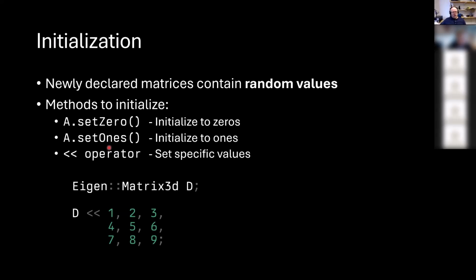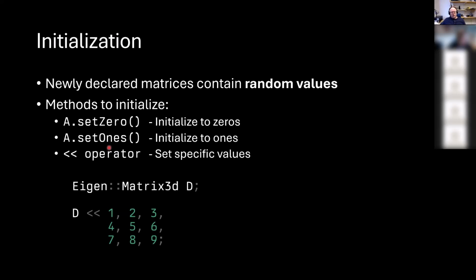setOnes, same thing. If you want to specify specific values, you use the double less-than operator, the stream operator, I think it's called in C++. Basically the same way that you use the stream libraries in C++, you can use the stream operator to feed a matrix values.